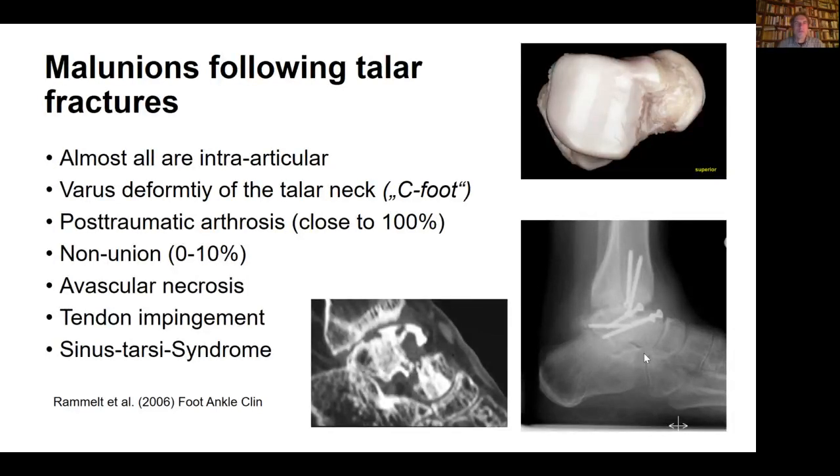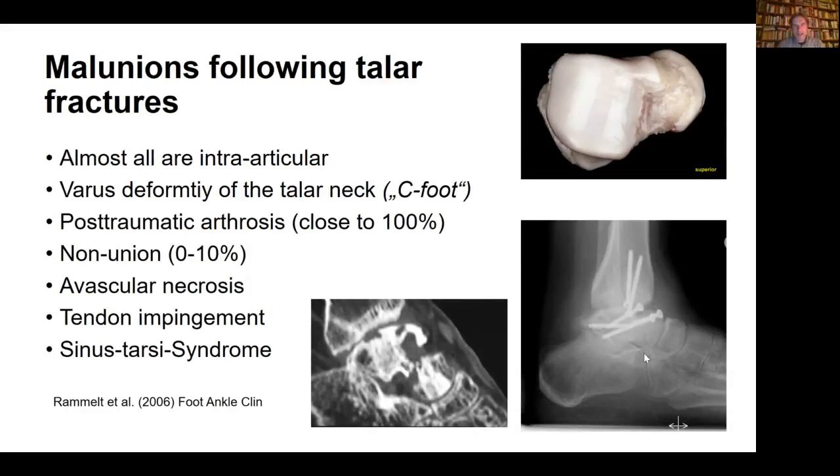The talus is a bone that you usually don't want to break because it is all trouble. It is surrounded by joints, by essential joints for the foot function. And even if there is a fracture that is outside the joint, a classical talar neck fracture, even then, if it's malaligned, then automatically we have significant pressure redistribution through the adjacent joints, and we will have trouble down the line, and automatically we will have a three-dimensional foot deformity.